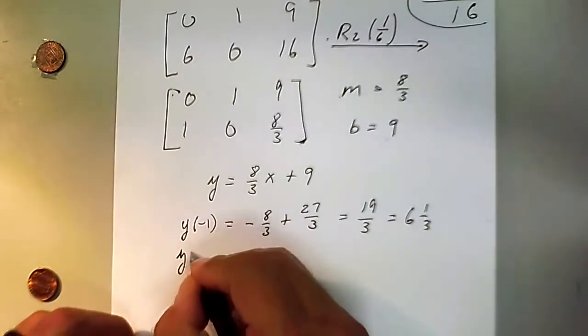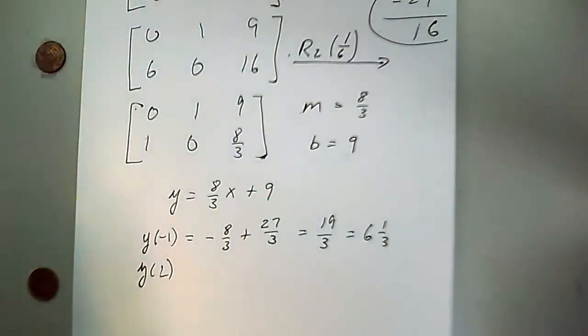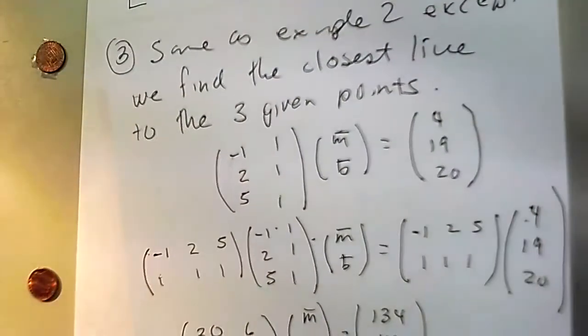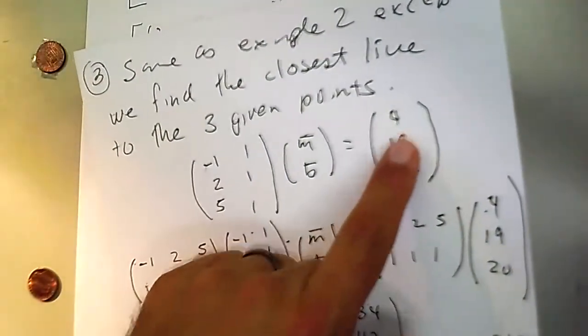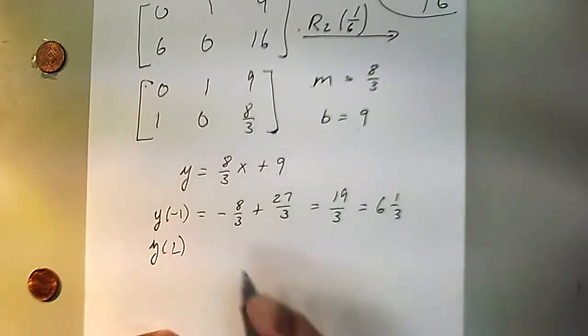Let's see, y of 2, and recalling the points that were given to us: -1, 4, 2, 19, 5, 20. So that seems a little far away. But let's continue.